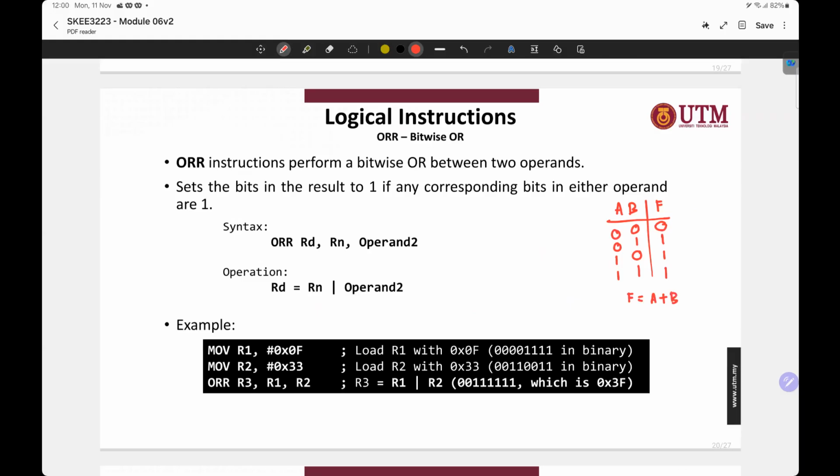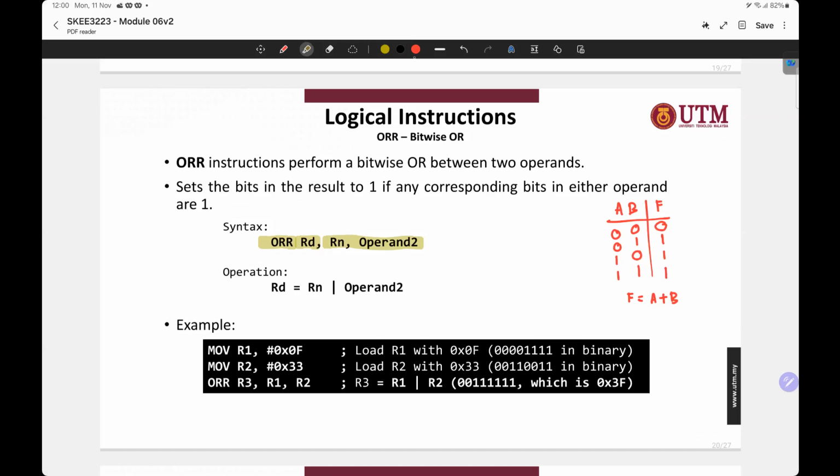In terms of the syntax, this is ORR, then the destination register and two operands: a source register, one from the first register, and the second can be from a register or an immediate value.